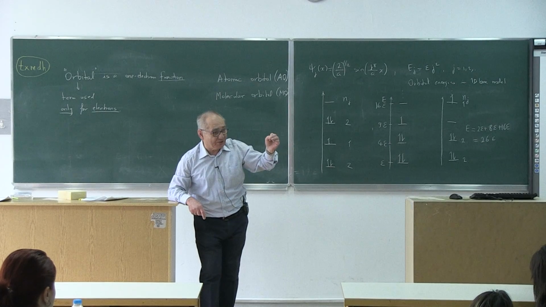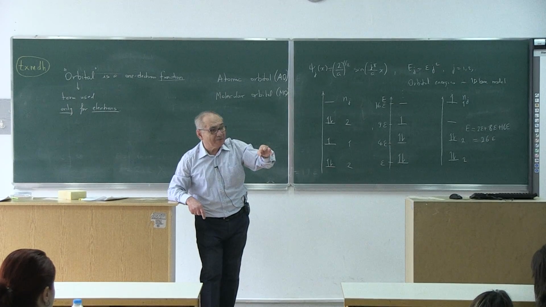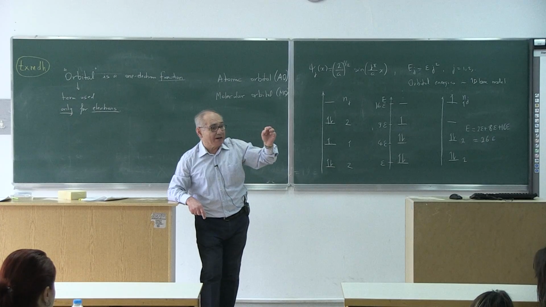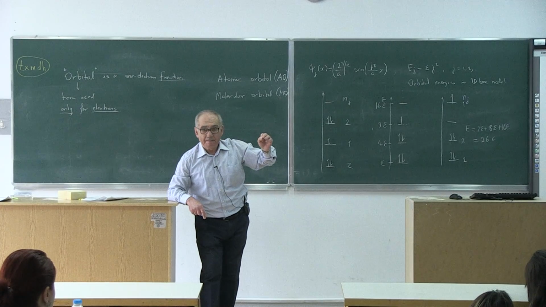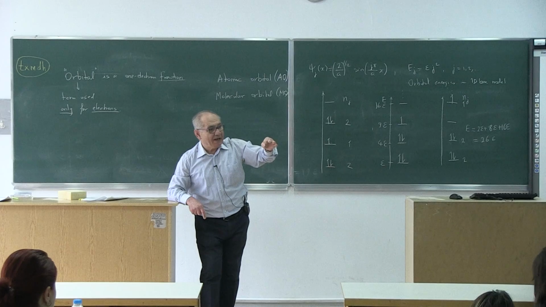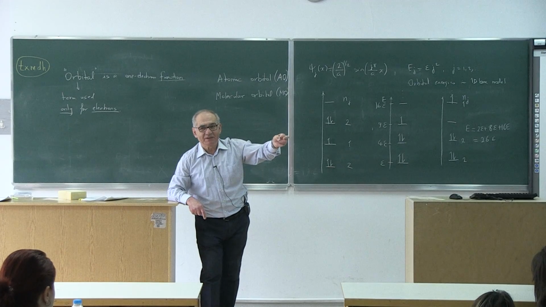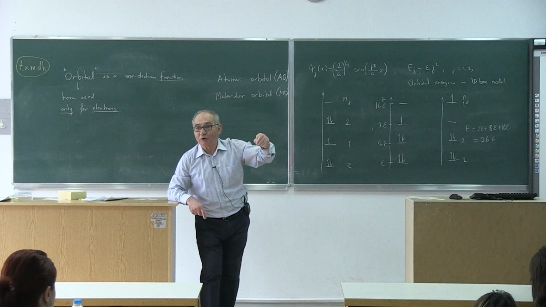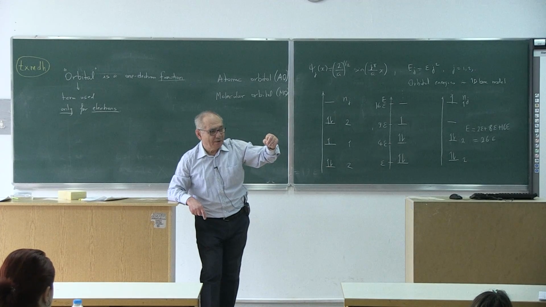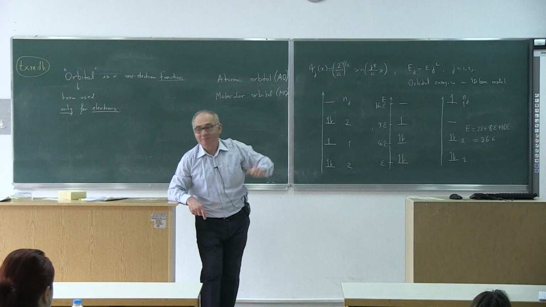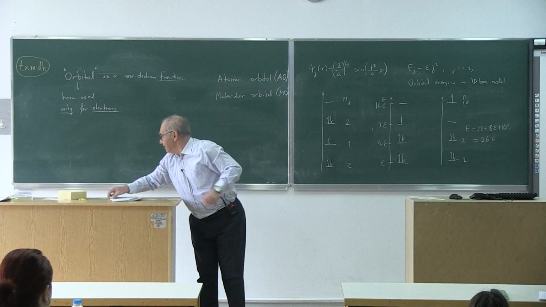They are also functions. But they are functions of 3 variables. And of course, what type of orbitals are they? S orbitals, p orbitals, d orbitals, atomic or molecular? Atomic orbitals. Okay, take a break.